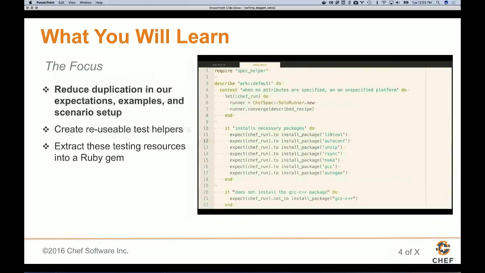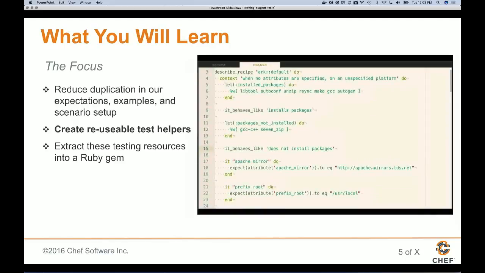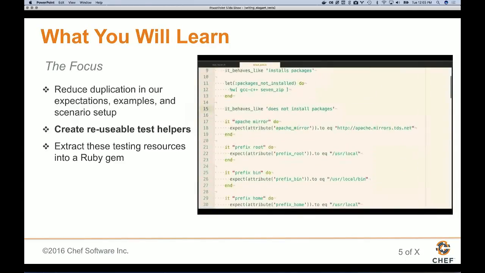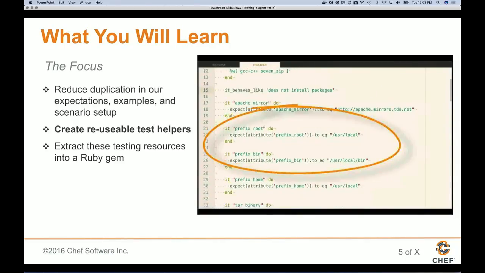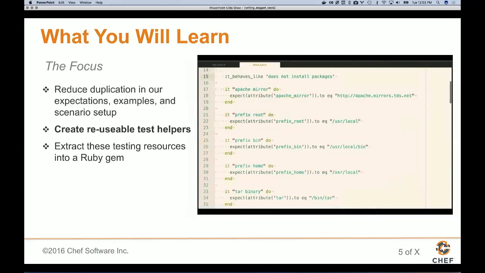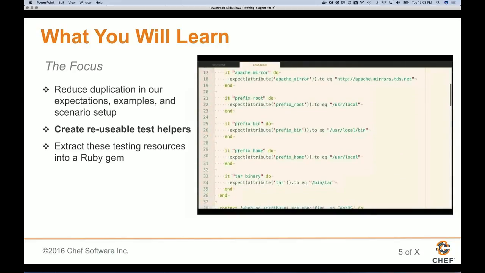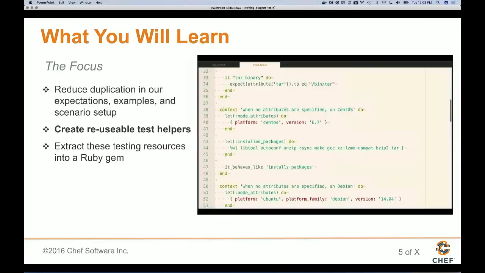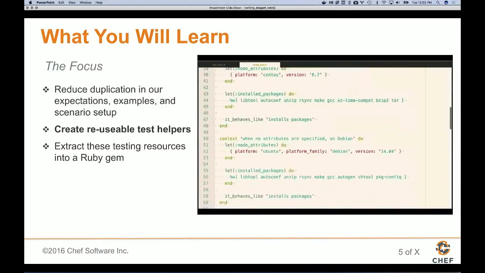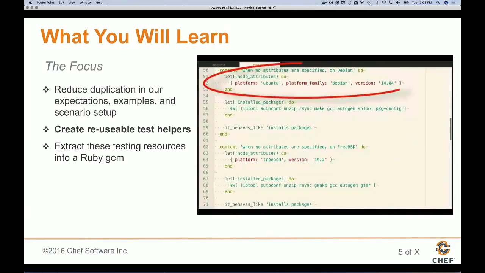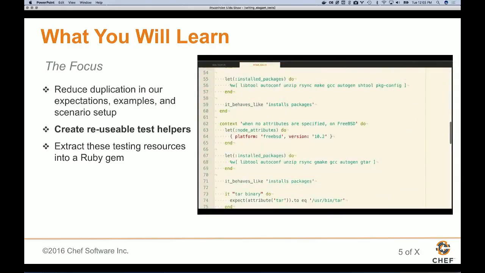Now, what we want to do is create a specification file that looks a little more like this, where we've made more succinct expressions of how we're asserting what the attributes are, how we specify our packages to be installed more clearly stated, and of course our platform information is also cleaned up so that it's more clearly expressed.